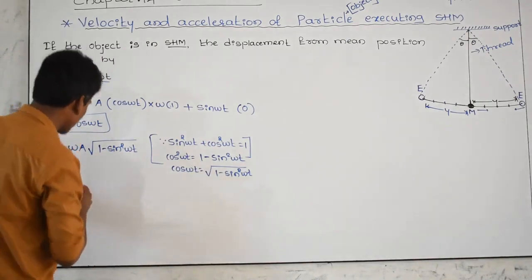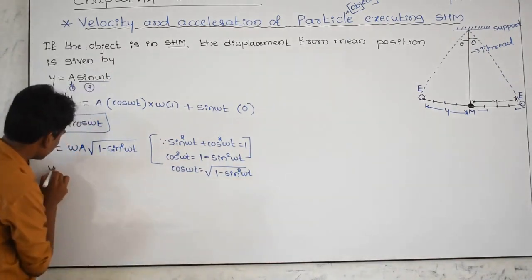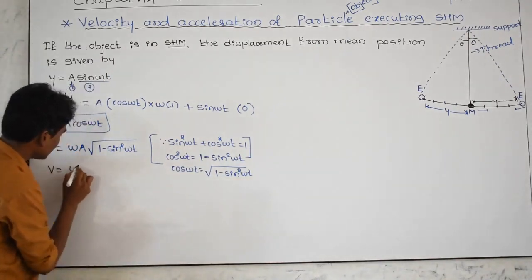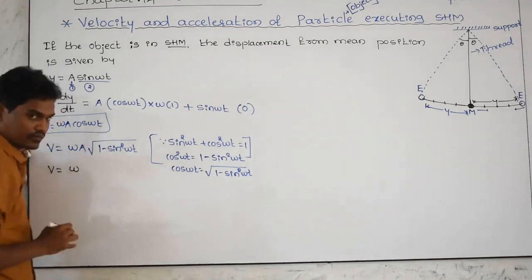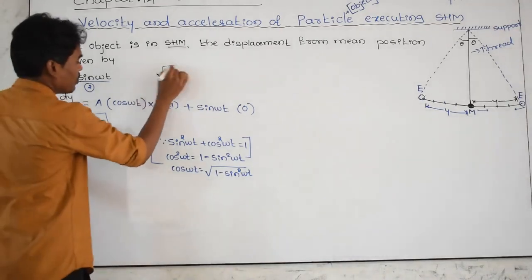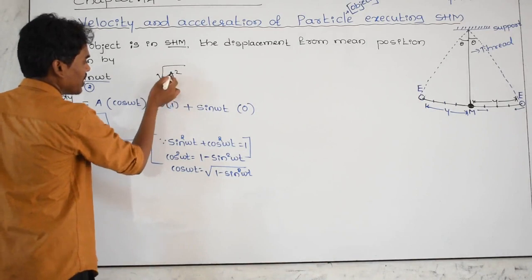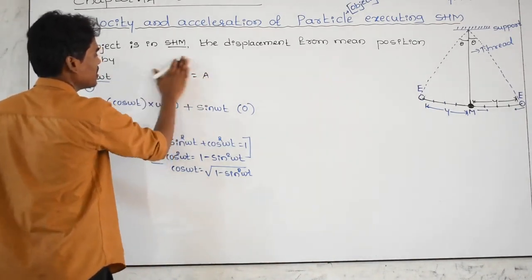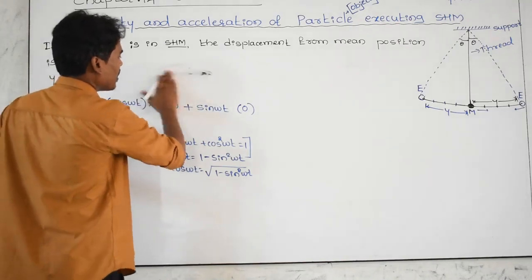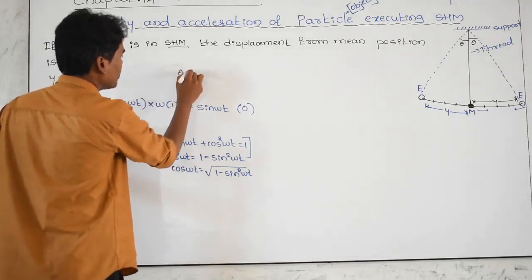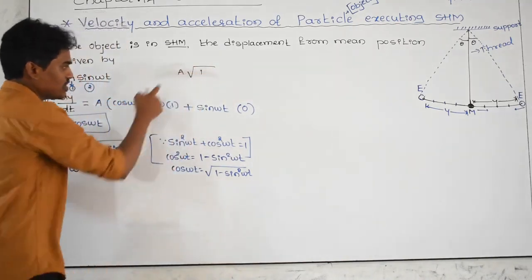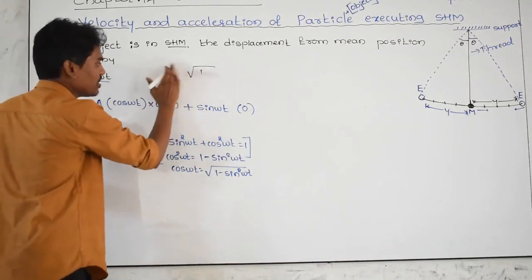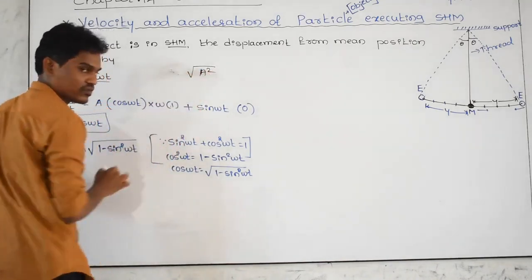And again further I am simplifying. v is equal to omega as it is, send a inside the root. Root of a square, take a outside, then the answer is a. And again here a is there, this is root of 1, send a inside, then it will become a square.